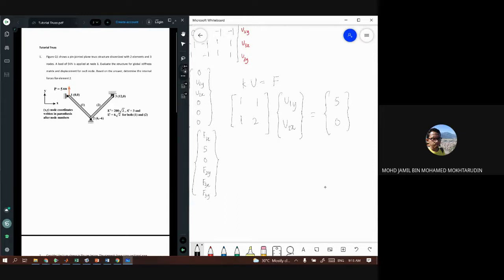Now you can solve this simultaneously, either using a calculator or using Gauss elimination.